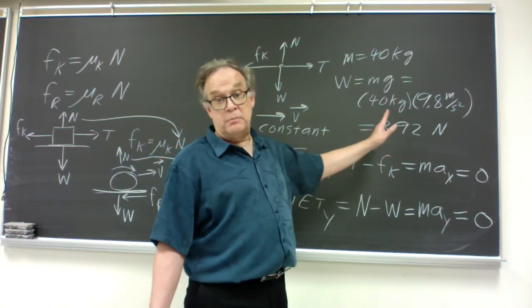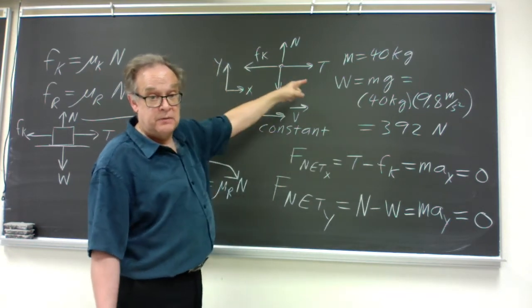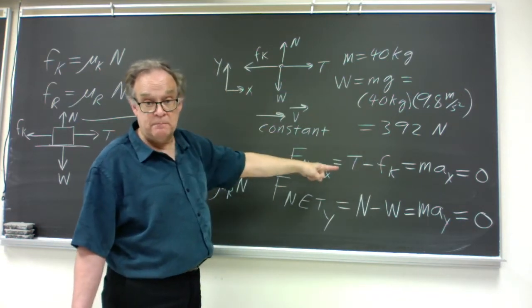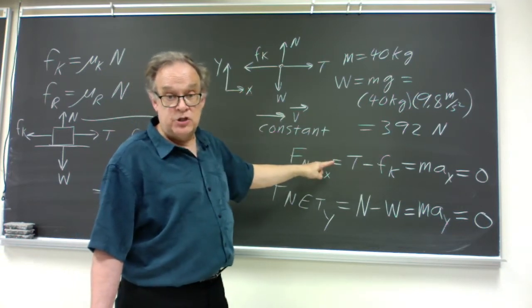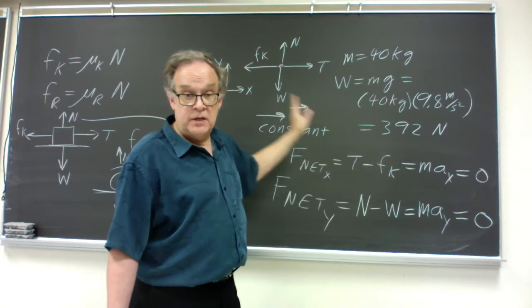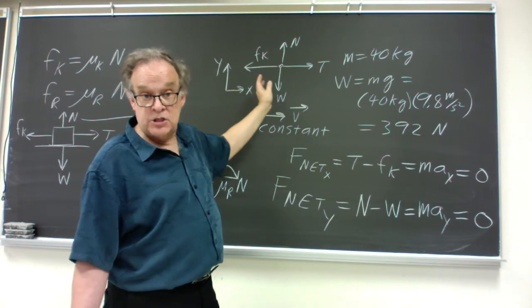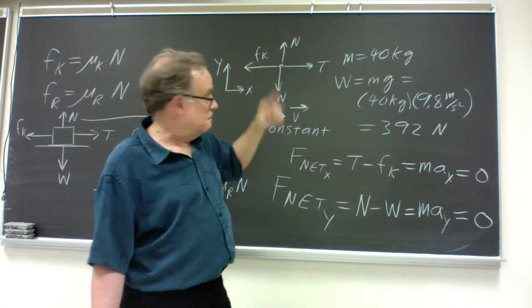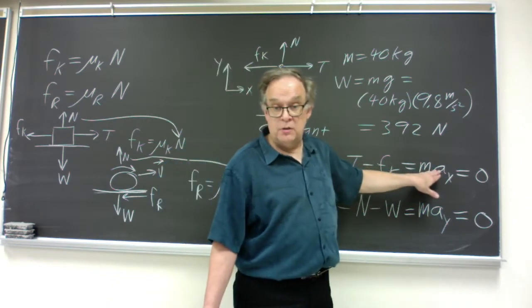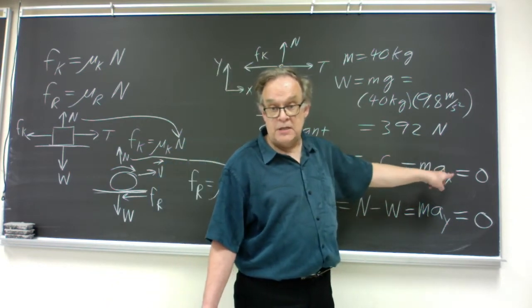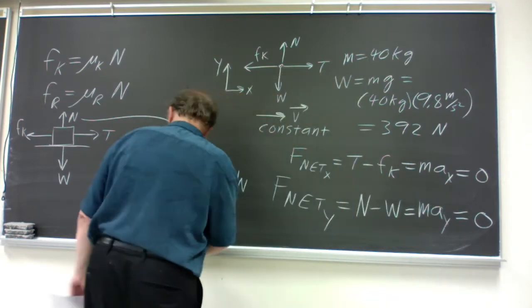Add all the forces in the positive direction, subtract all the forces in the negative direction, and the only positive force is tension, and the only negative force is kinetic friction. So tension minus kinetic friction gives you the net force along the x direction, or the x component of the net force. And this being a net force, it's equal to mass times acceleration, mass times the x component of acceleration, to be precise.